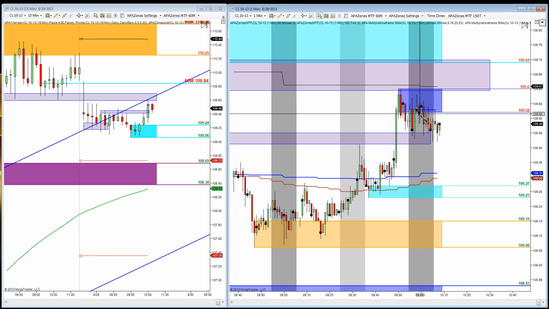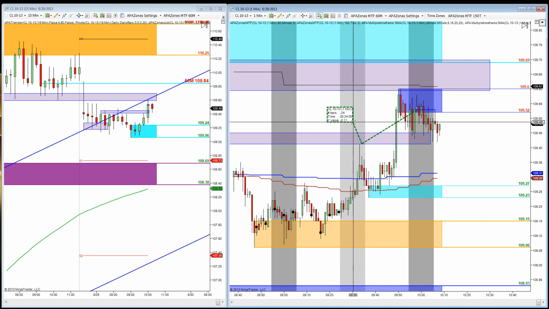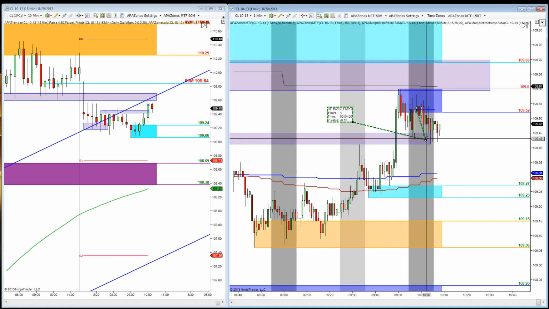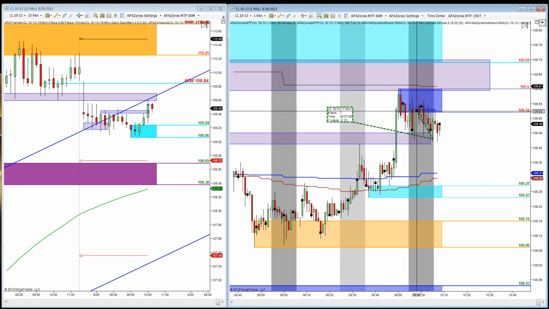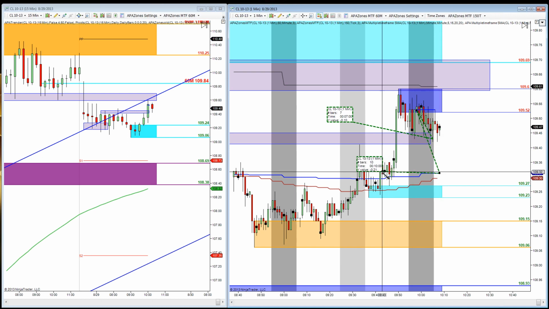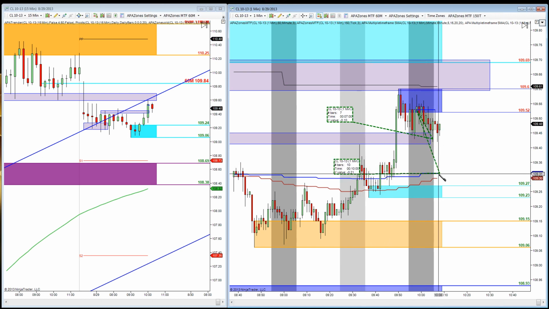And first target, well, you want to take it before that area right there at 11 ticks. So 10 ticks is probably where I would have put mine, which is right there. And then my second target's 30, and my third target is 100.